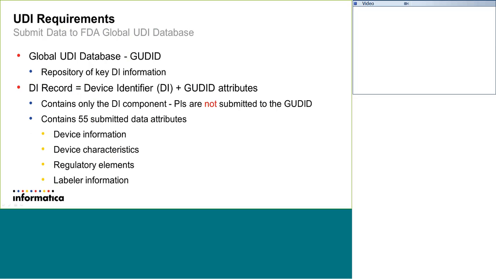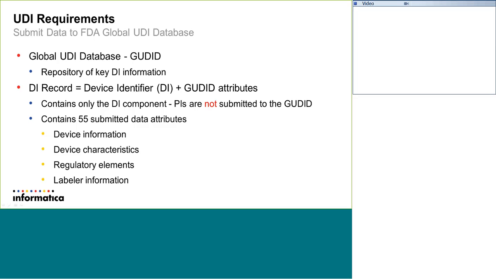The submission unit to the GUDID is called a DI record, which includes the device identifier, DI, and additional GUDID attributes. PIs are not submitted to the GUDID. However, the DI record does contain PI flags to indicate which PI attributes are displayed on the device UDI.